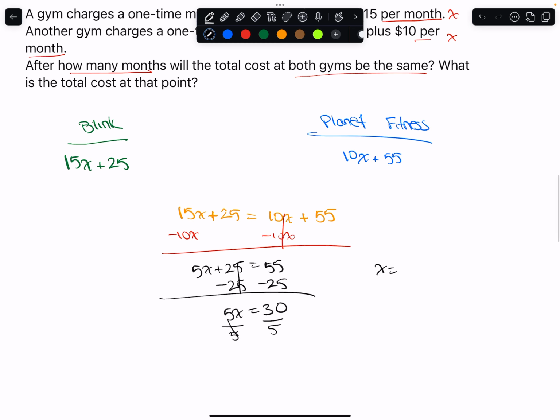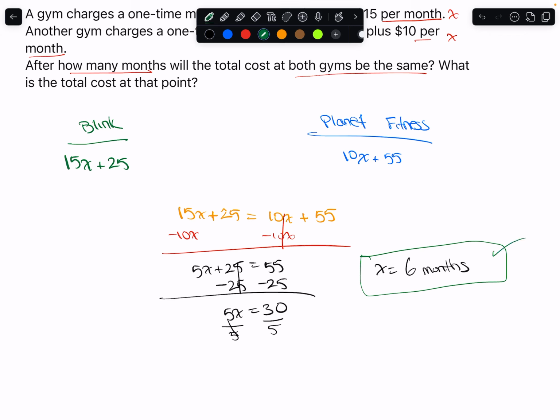Here, x equals 6. And what does 6 represent? 6 is the number of months. So in 6 months, it doesn't matter how much more money it may cost for one or the other, they will both have the same cost at 6 months. So our answer for the first part is 6 in this two-part question.